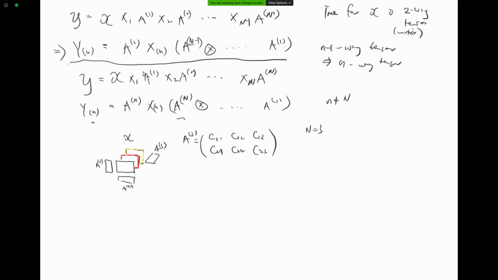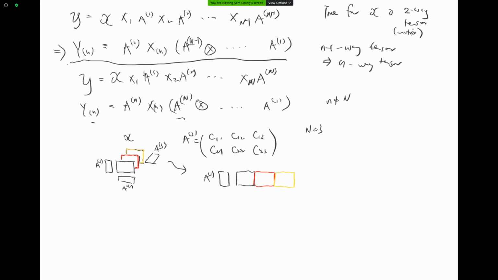I will stack the tensors together, like this. So instead, I will do something like this: I have A1 again, but I will stack these layers together.